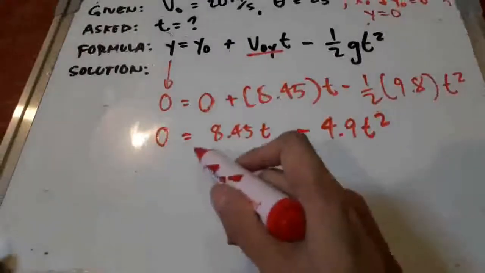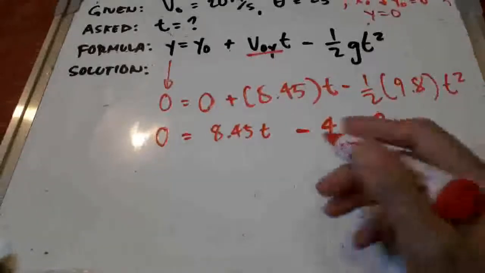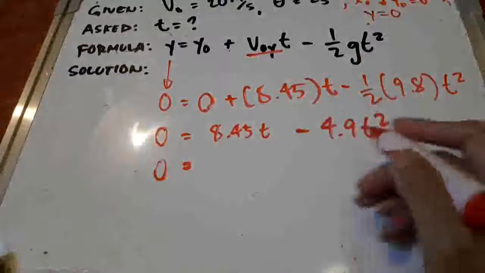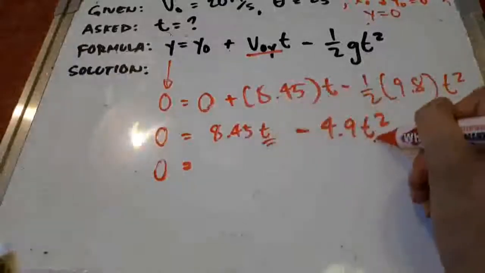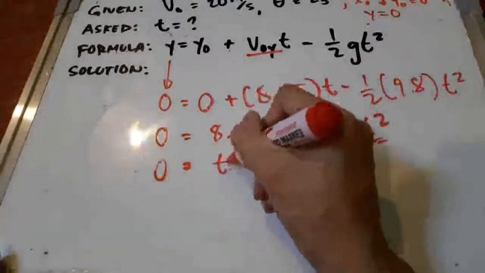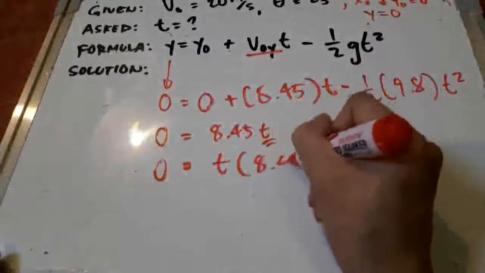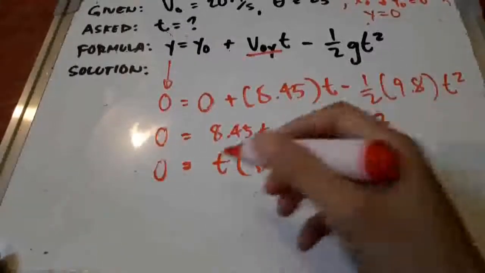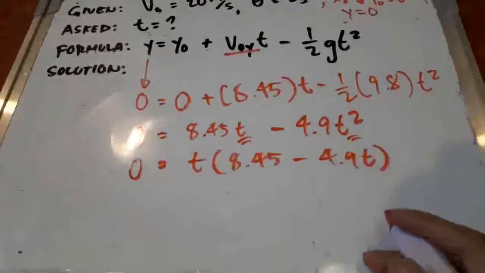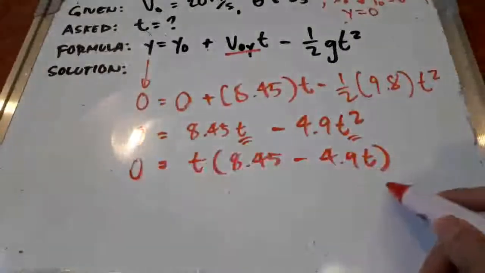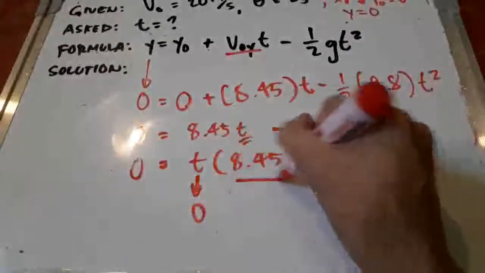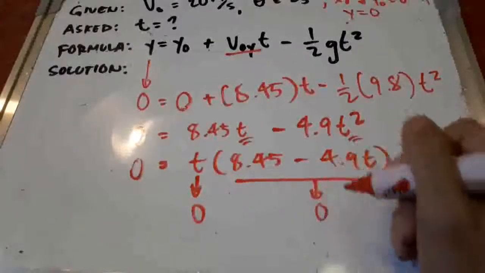Hallelujah! This is very simple to factor out. If 0 is equal to this, we can factor out the t. We get t times 8.45 minus 4.9t is equal to 0. Now, in order for this to become 0, we need either this t to be 0 or this entire thing to be 0.